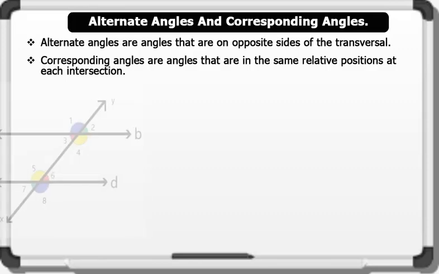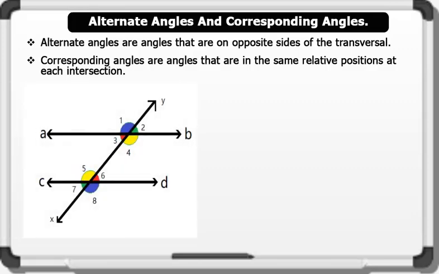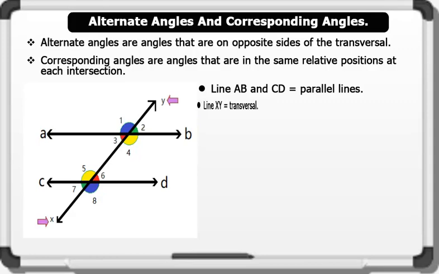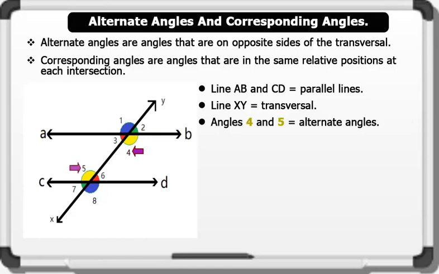If we have a situation, as in the image below, where AB and CD are parallel lines, then the straight line XY is called a transversal. The pair of angles marked 4 and 5 are called alternate angles.